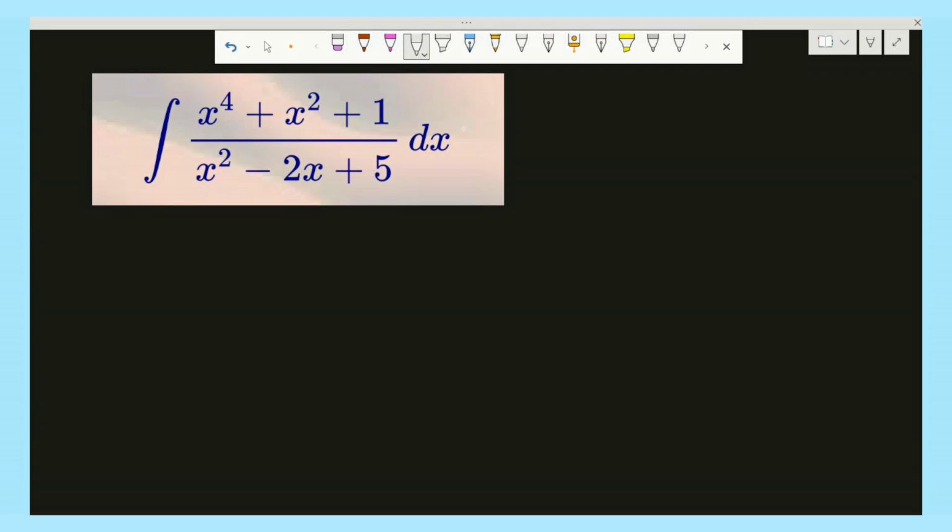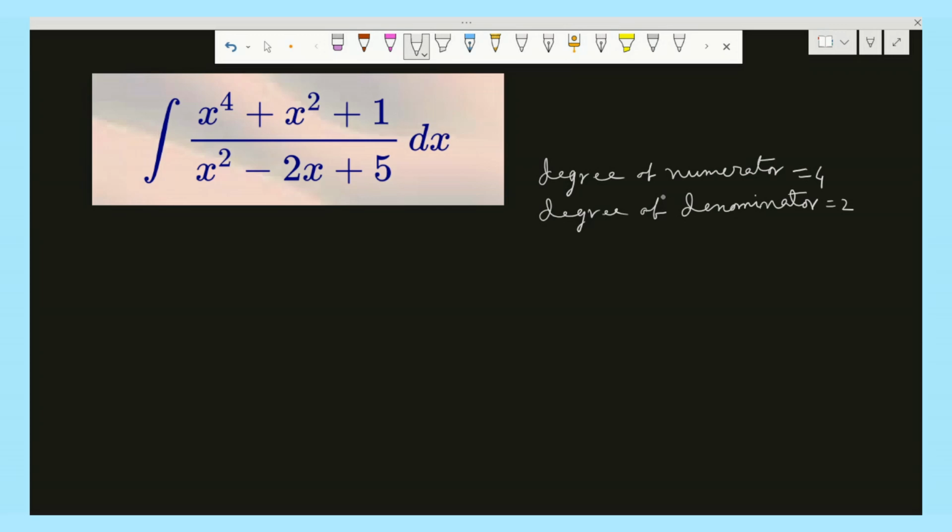Degree of the numerator is obviously 4, and degree of the denominator is obviously equal to 2.